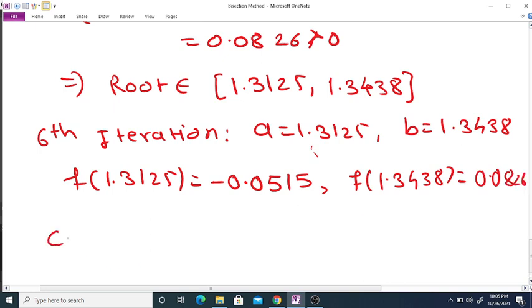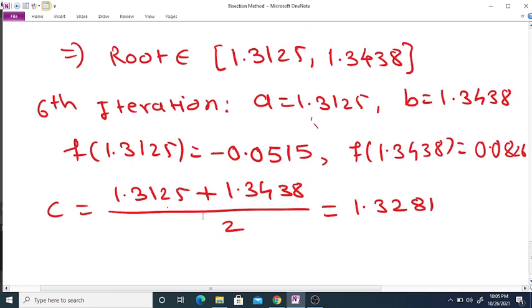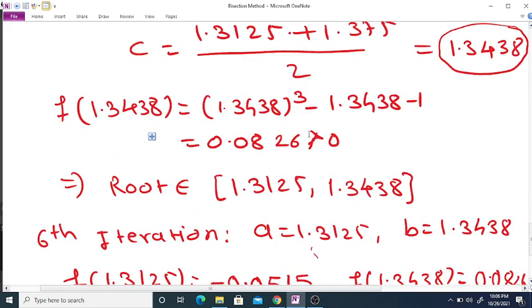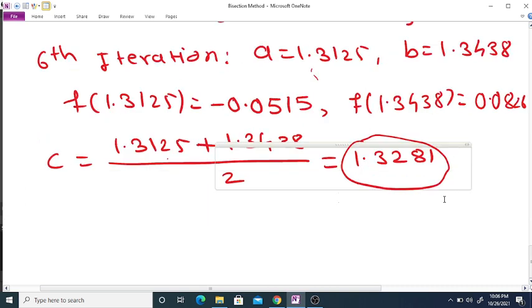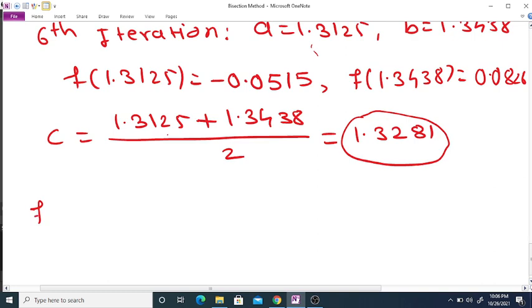So again the value of c is equal to 1.3125 plus 1.3438 divided by 2, which is equal to 1.3281. The value obtained in this iteration and the previous iteration are correct up to 1 decimal place. So again we want to determine one more iteration.